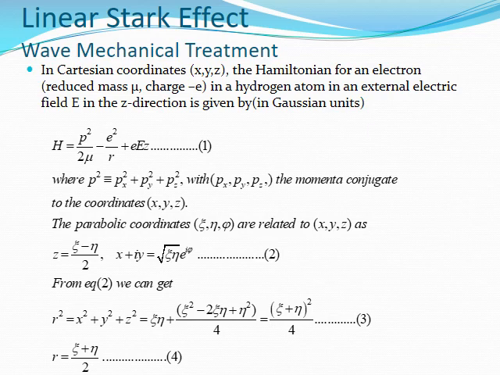From equation 2 we can get r squared is equal to x squared plus y squared plus z squared equals xi eta plus (xi squared minus 2 xi eta plus eta squared) divided by 4 equals (xi plus eta) whole squared upon 4. This is equation 3. Then we get r is equal to (xi plus eta) upon 2. This is equation 4.